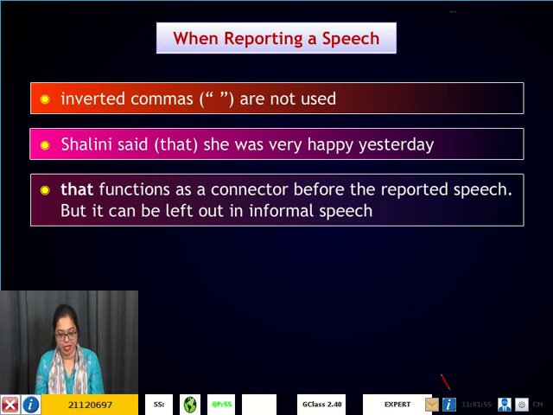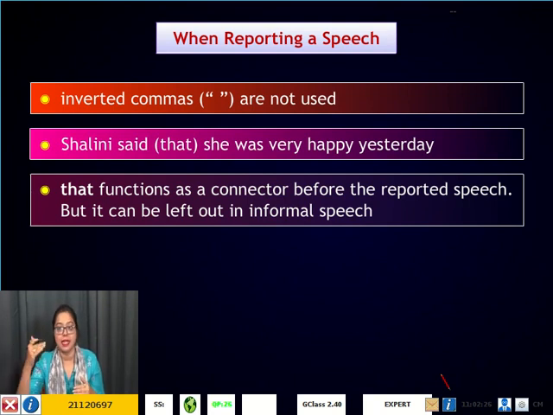That functions as a connector before the reported speech, but it can be left out in informal speech. Again, I am repeating. This word that is like a connector, just acting like a conjunction. Because in direct speech, what do we use? She said something within inverted commas. We keep the exact words of what a person is saying within inverted commas.